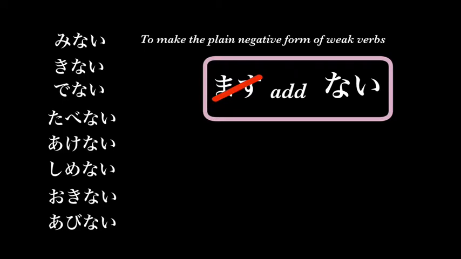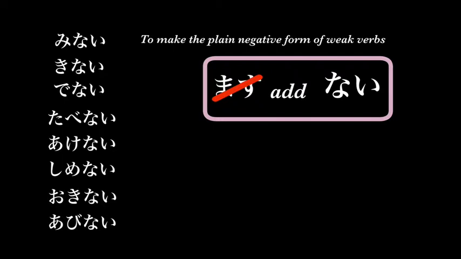For example, mimasu becomes minai, kimasu, kinai, demasu, denai, tabemasu, tabenai, akemasu, akenai, shimemasu, shimenai, okimasu, okinai, abimasu, abinai. Just by taking the masu and adding the nai, we have the plain negative saying "not": to not watch, to not wear, to not exit, to not eat, to not open, to not close, to not wake up, and to not take a shower.